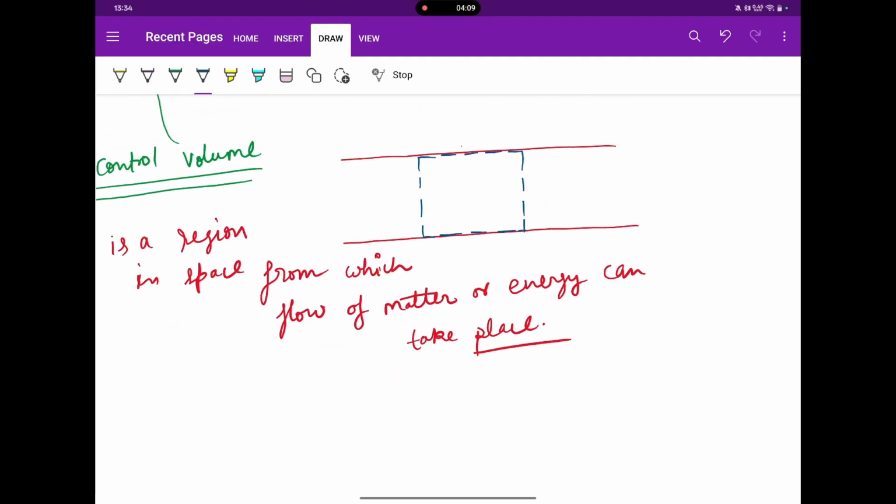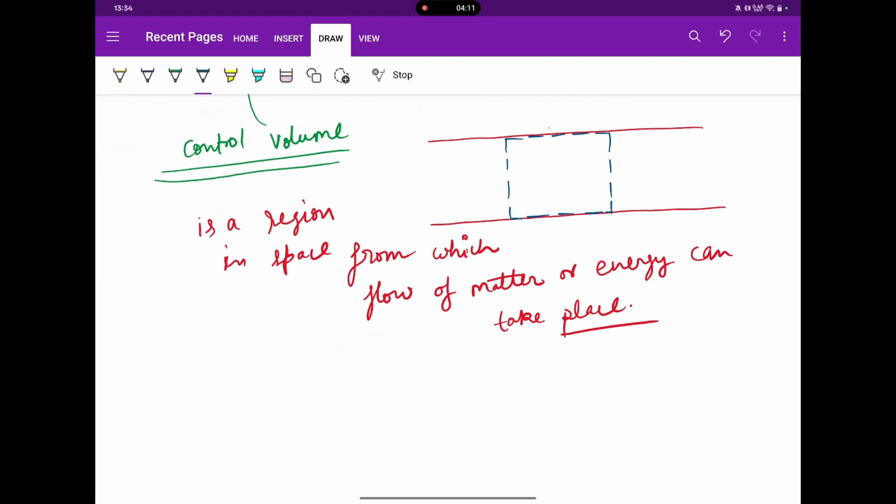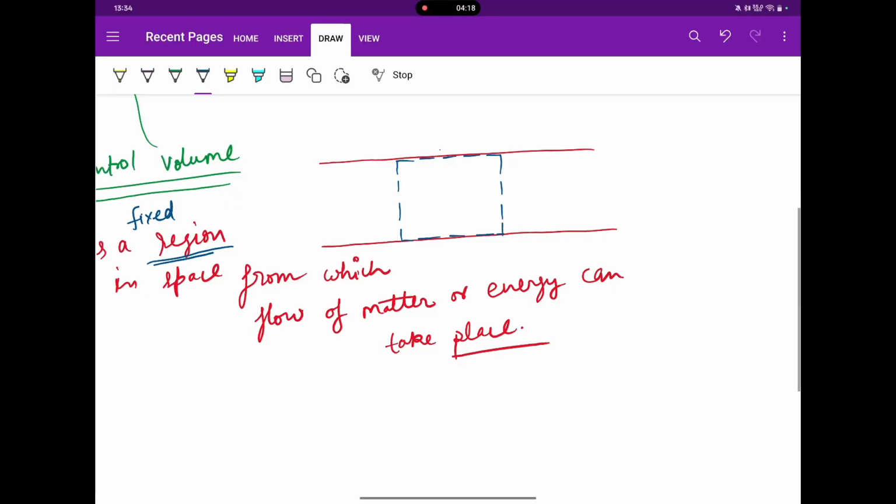Now it is going to be fixed in space, right? It's a fixed region. But any matter, I mean property basically, it can be mass, energy, temperature, pressure, enthalpy, heat, they can cross the boundary. So another thing I was talking about is the control surface.